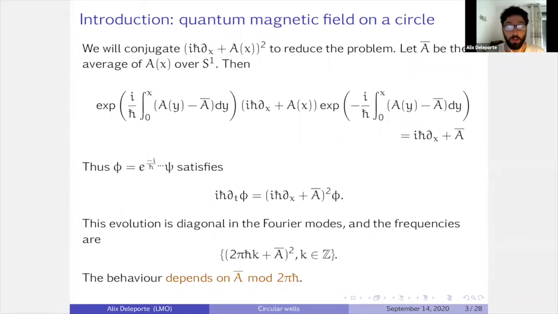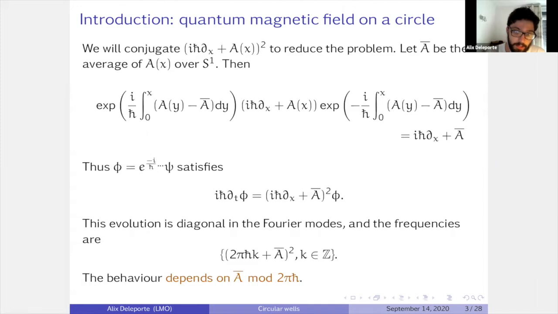So the quantum evolution is diagonal in the Fourier modes with respect to the variable x, and you get eigenfrequencies which are the squares of 2 pi h bar k plus A bar, where k is any integer.